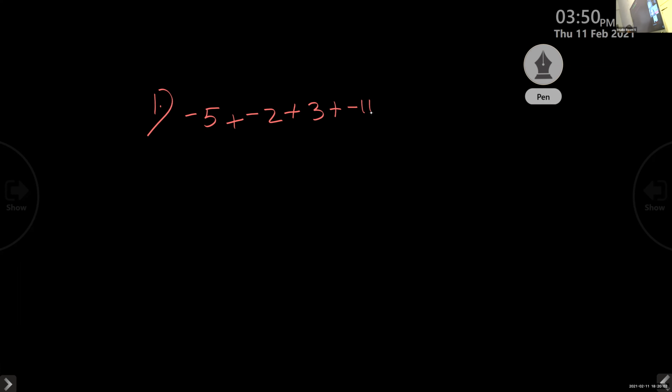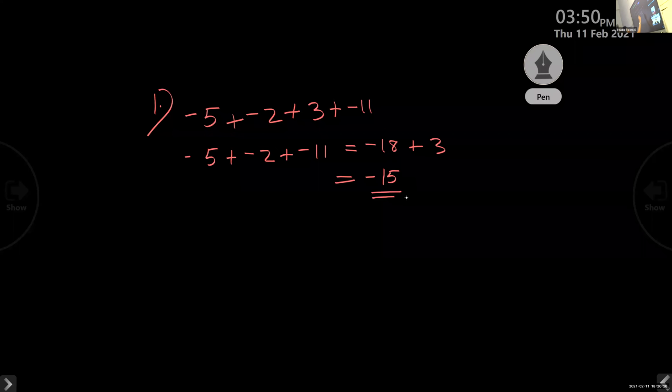First add all the negative numbers. So we will get negative 18. Now what is left out? Positive 3. So the answer is the difference. Find the difference, 15, with the sign of the greater number, negative. Negative 15 is the answer.